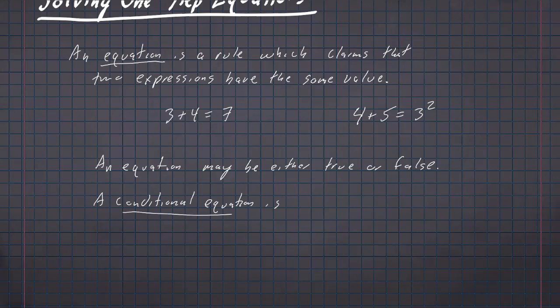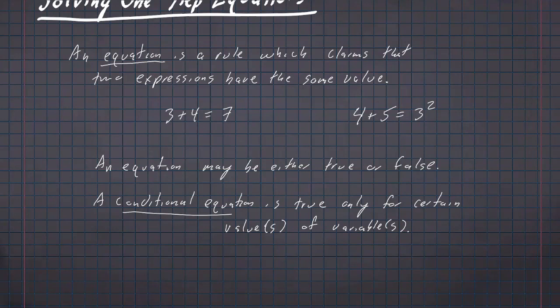What I am going to be looking at a lot is a conditional equation. A conditional equation is an equation that contains a variable, and a conditional equation is only true for certain values of variables. Most of the equations we look at in this course are going to contain one variable, and there will be one value for which the equation is true. That's not always the case.